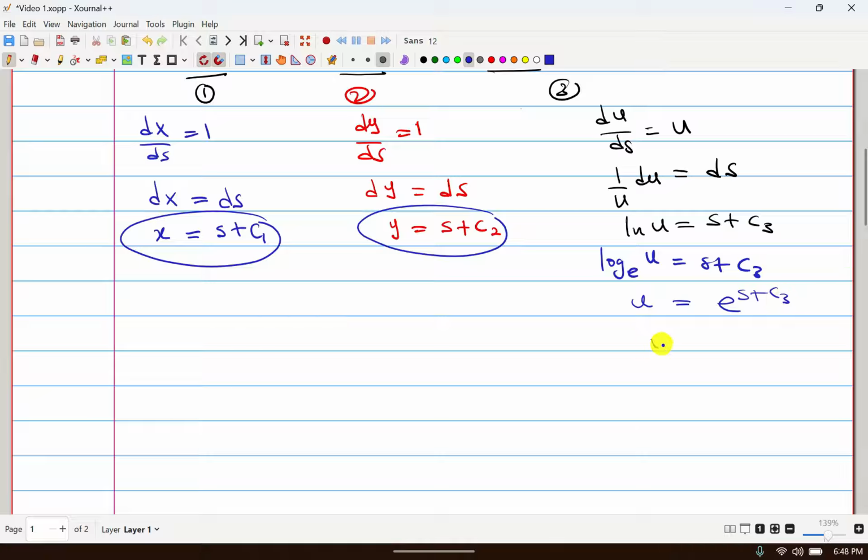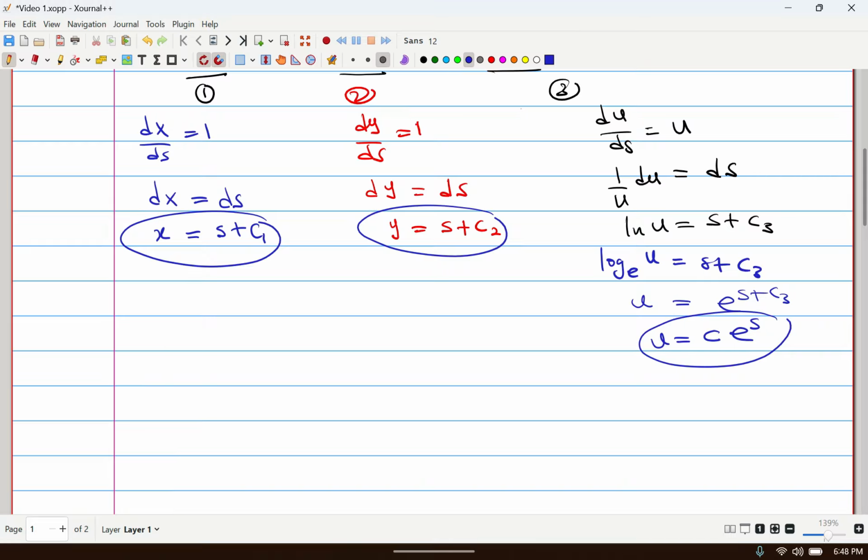In doing that, u is equal to e to the s times e to the c3. c3 is a constant, and e to the c3 is also a constant. So in effect, that will give me some general constant, let's say c, times e to the s. Okay, so that is the equation you get for u.